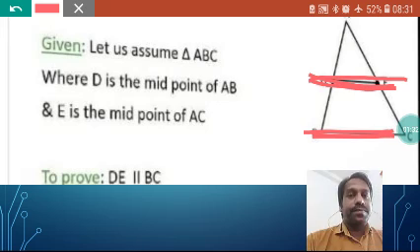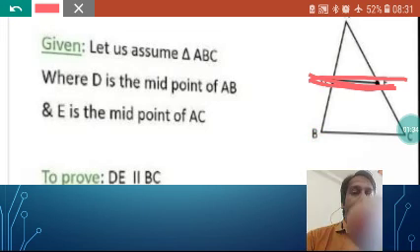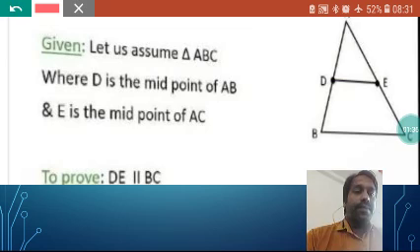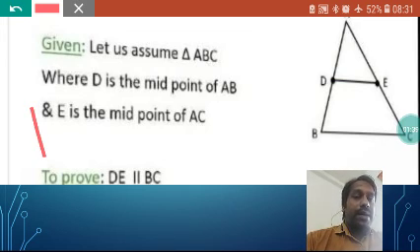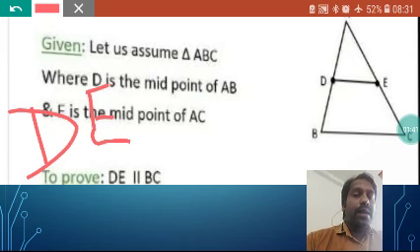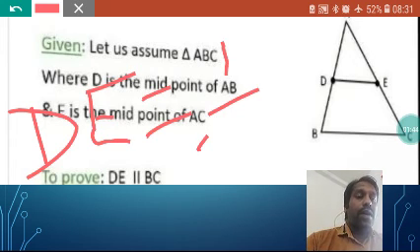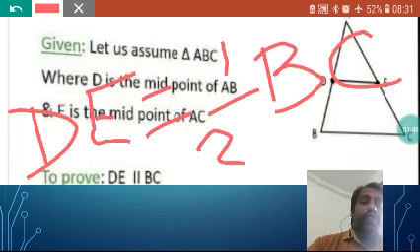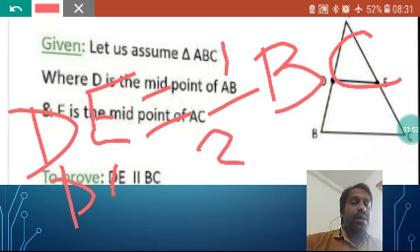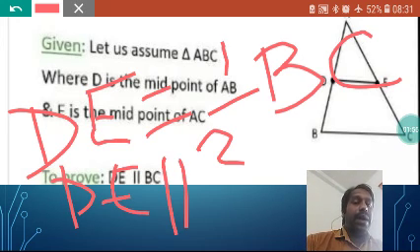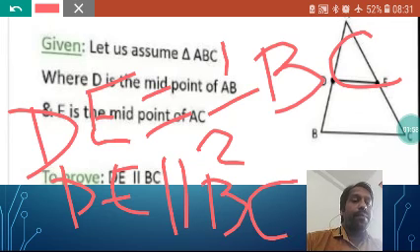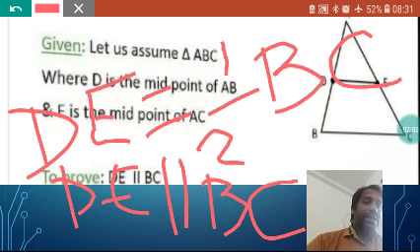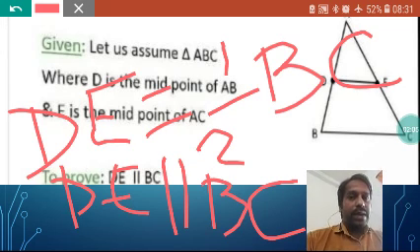That means DE is equal to half of BC. So this is called the midpoint theorem, and DE will be parallel to BC also. This is a very important theorem, because in class 10 also we are going to read this theorem. So read nicely.